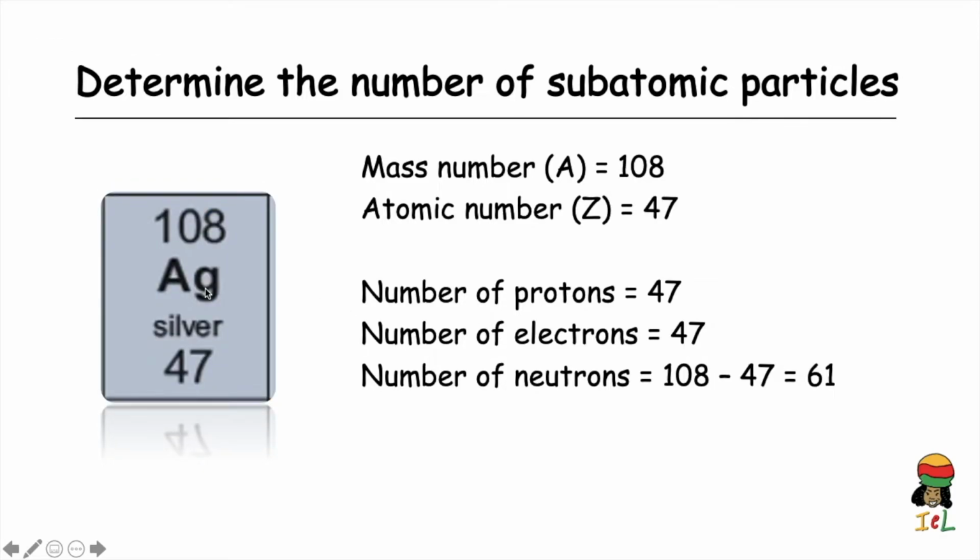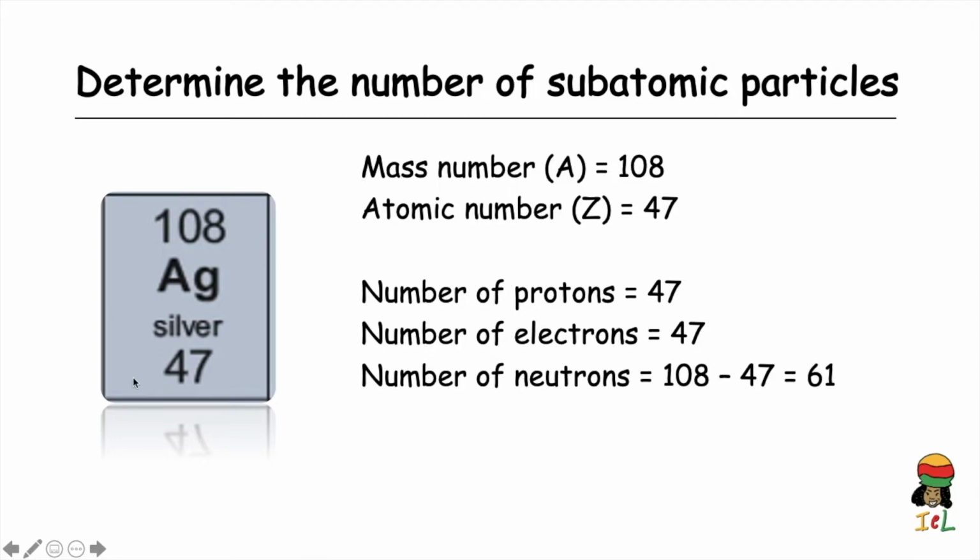Next, we're going to take one of the larger atoms and look at silver. Silver has the symbol Ag. Its mass number is 108 and the atomic number is 47. And just remember, the mass number is always the larger of the two numbers represented for the element.